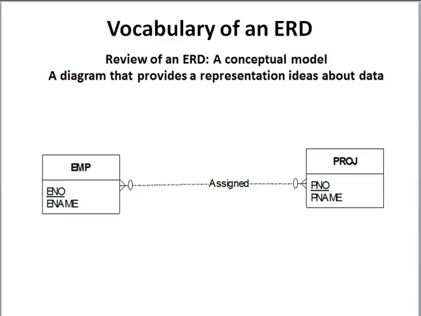So let's talk about the elements of the diagram in front of you. In this diagram, we see an example of two entities. Recall that an entity is, at least in my definition, some type of object that is a person or a place or a thing.